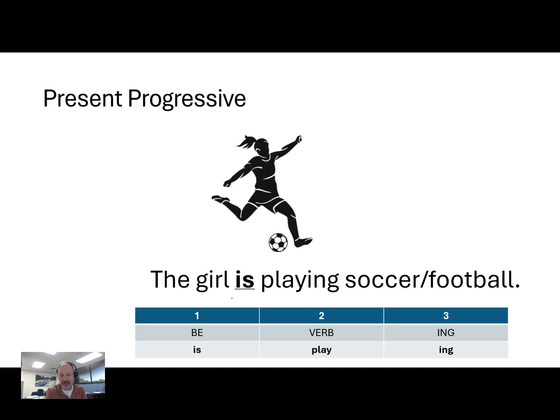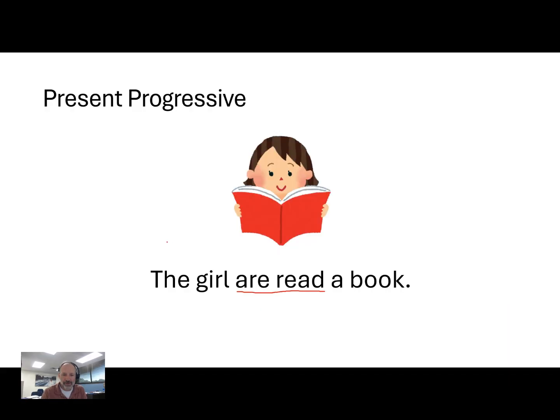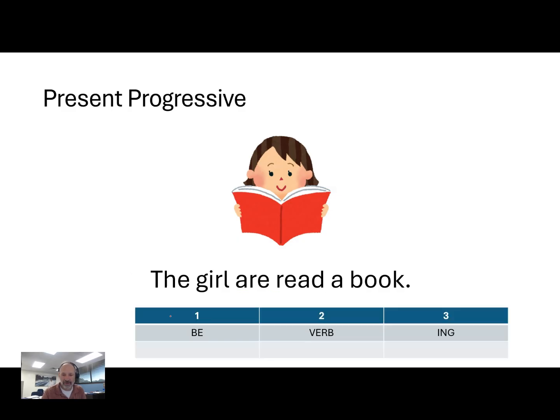Remember, for present progressive, I need 1, 2, 3. Do you see the mistakes in this sentence? The girl are read a book. This time I have 2 mistakes. Remember, for present progressive, I need be plus verb plus ing. Here I have the verb be, but that's the wrong form.